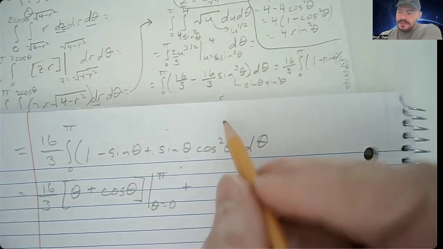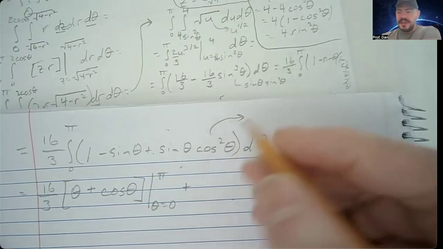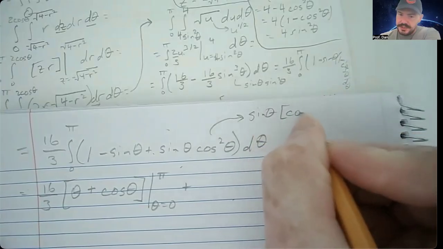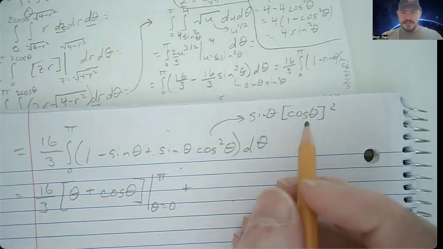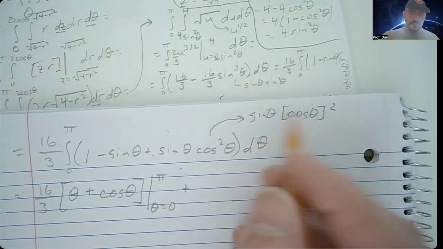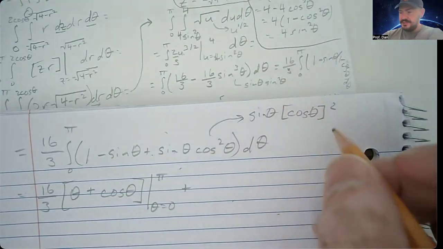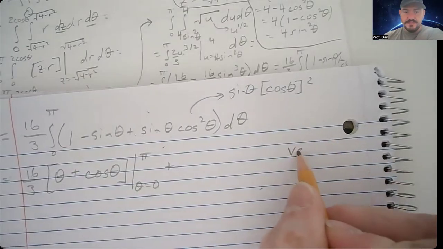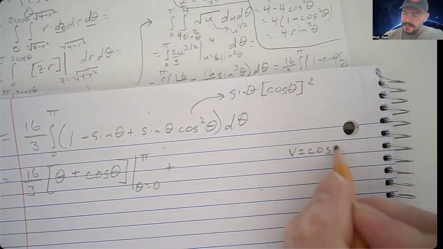So to make this a little more obvious to see, remember, anytime that you have trig to a power like this, you could always write it like so, right? So now you see you have a cosine, you have a sine, derivative pair. So we can do a u sub. Since I already used the letter u though, I'm going to use a different letter. Let's say v. So I'm going to let v be cosine of theta.